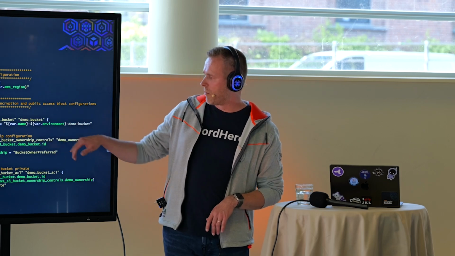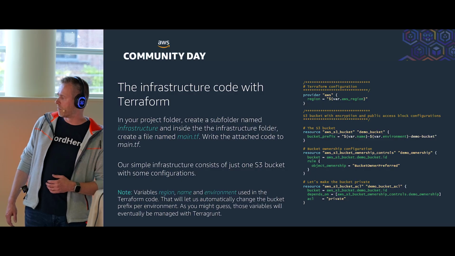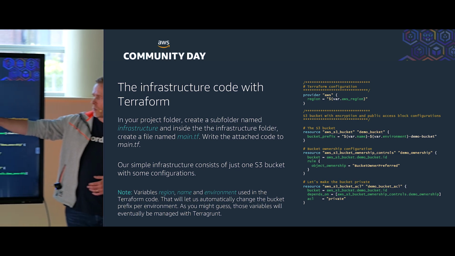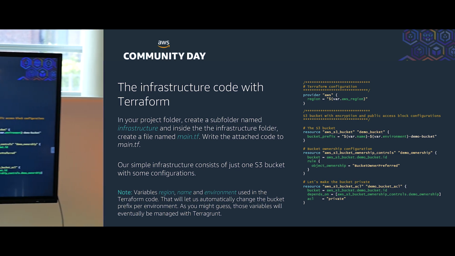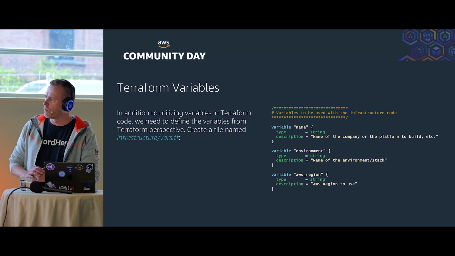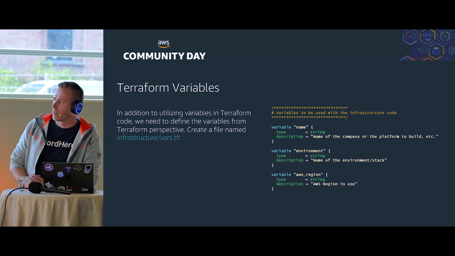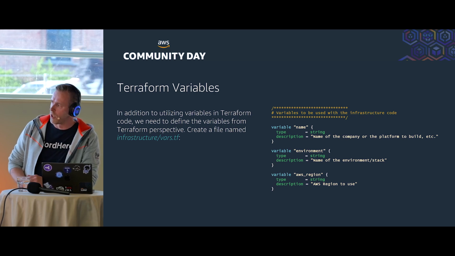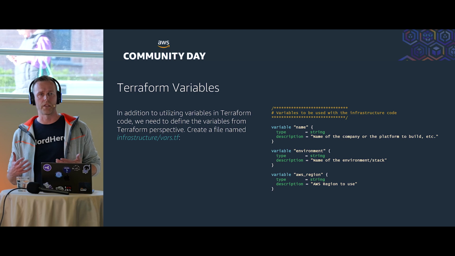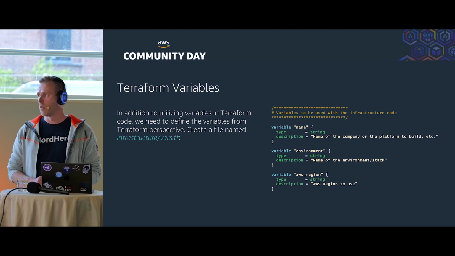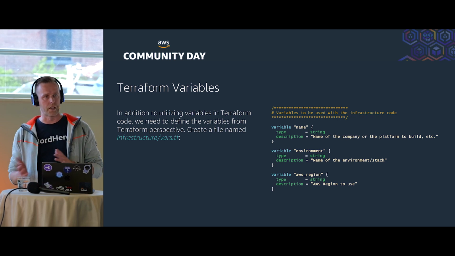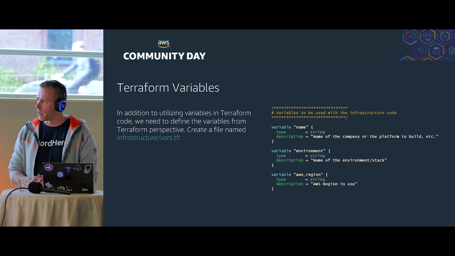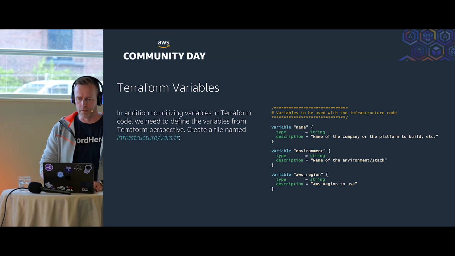I'm using some naming, I am using some environment variable, and I'm also using the AWS region as a variable. So I need to have those variables declared somewhere. So 3 strings that I'm going to need. So I've prepared Terraform to be used with several different accounts, several different environments. So I have that environment and region names there.